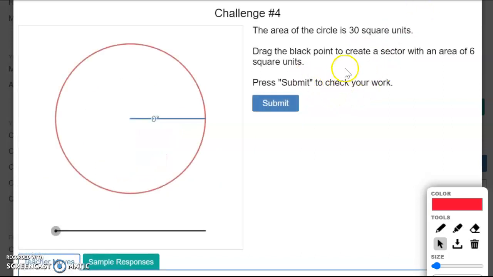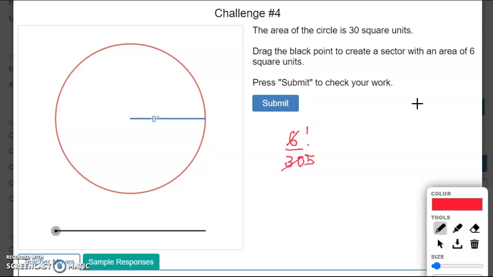The area of the circle is 30 square units. Drag the black point to create a sector with an area of 6 square units. Okay, so I want 6 out of a possible 30 square units of pizza. That simplifies to 1/5.